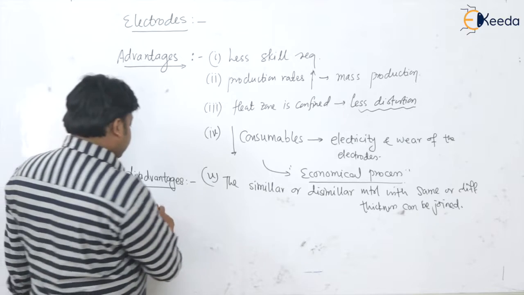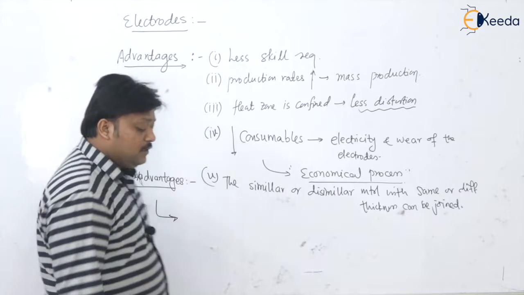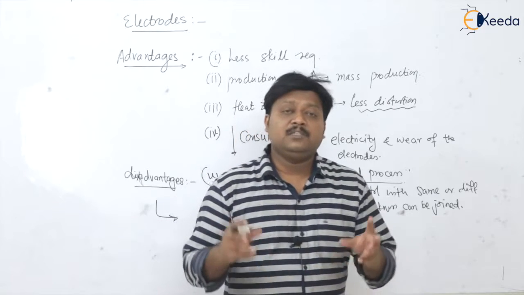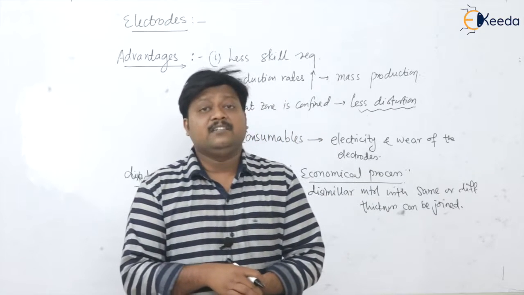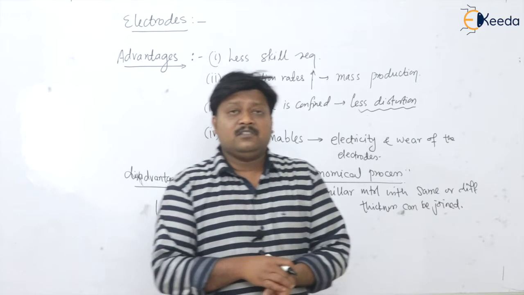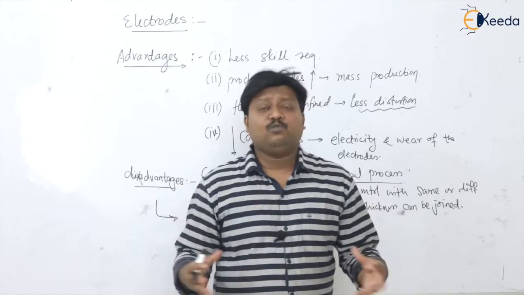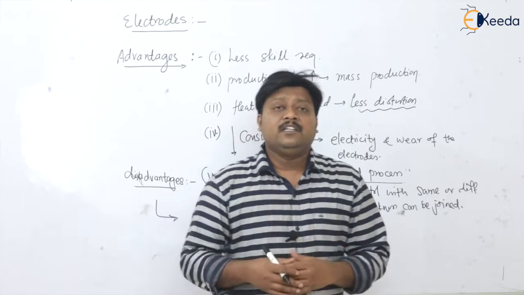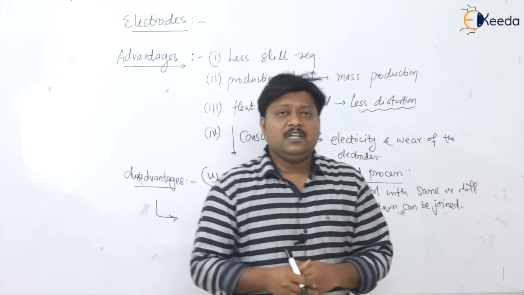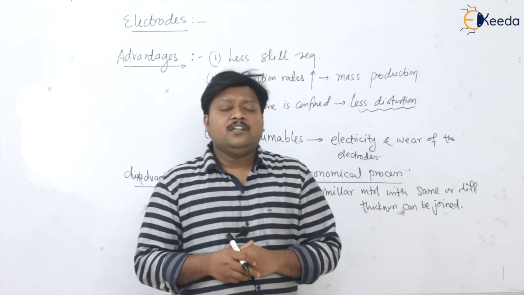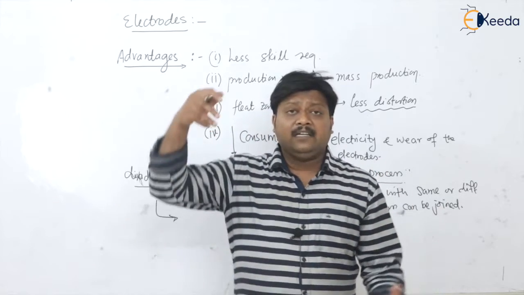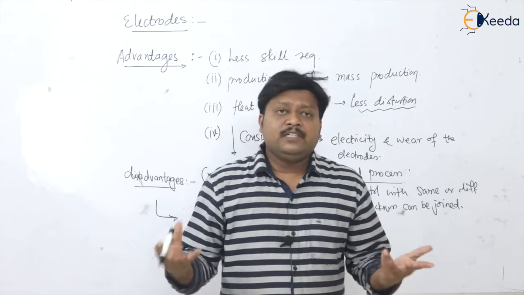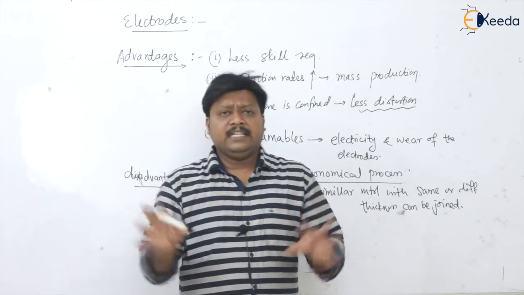Now if we talk about the disadvantages, the only thing is that these resistance welding equipments or machineries are very costly. Because there are the electrode setups, water cooled electrodes, heavy transformers, large electric conductors, and for the mechanical pressure applied onto the plates we need the piston cylinder arrangement.